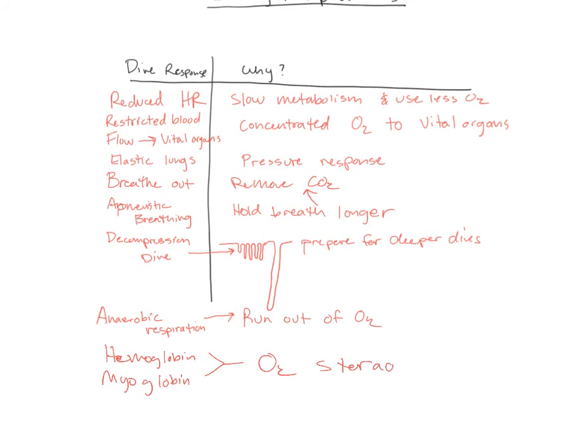So where you and I have, let's say, 100 molecules of hemoglobin in our blood, they might have 200 or 300, so that they can have more oxygen in each red blood cell.